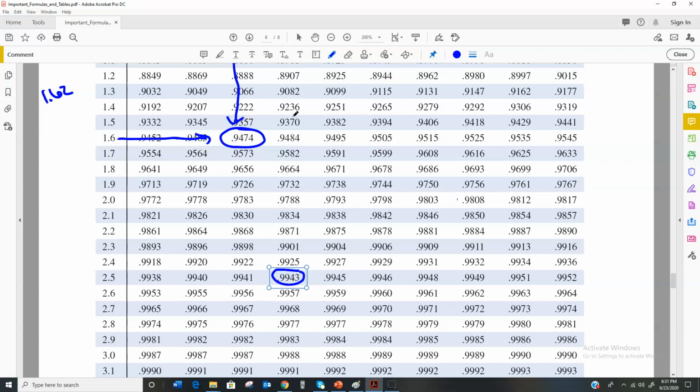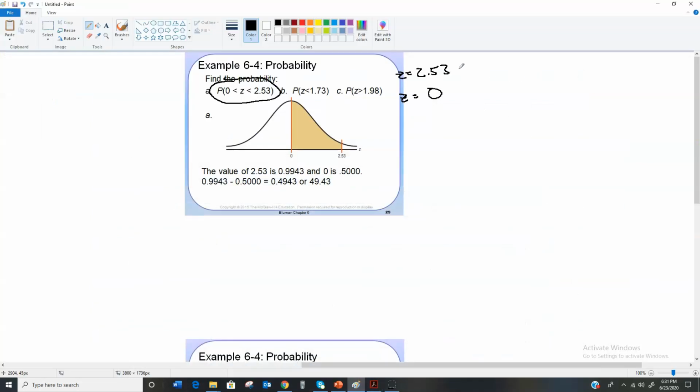So 2.5, and then this is 0, 1, 2, 3, so 9943. And then we're going to go look up the value for 0. Now, we can go look the value up for 0, or we can probably just do it without the chart. We know 0 is the middle, so from here down would be 50%. Now, we can go to the chart and double check that, but it should be 0.5000.